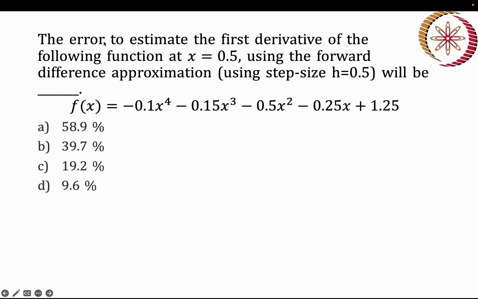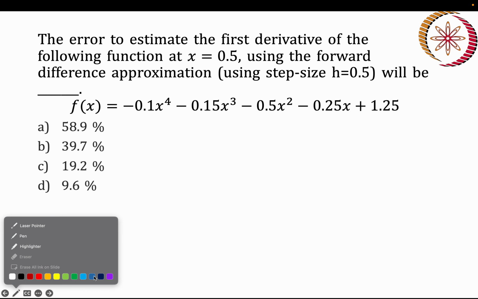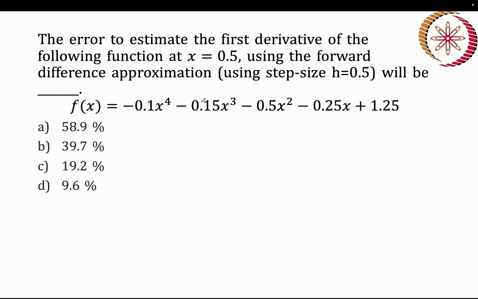Okay, so the first question. The first question is: estimate the error in the first derivative of the following function at x equal to 0.5, using the forward difference approximation with a step size of 0.5.